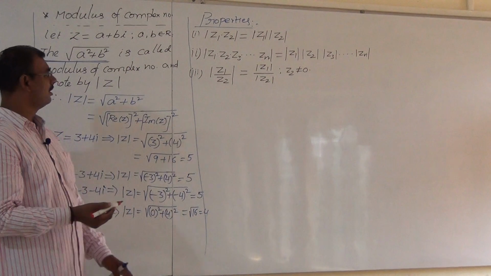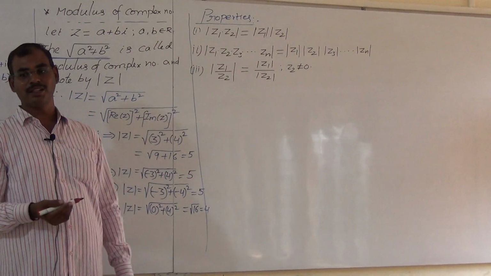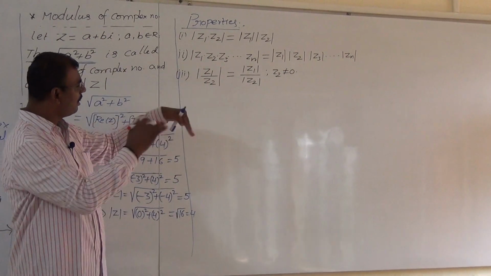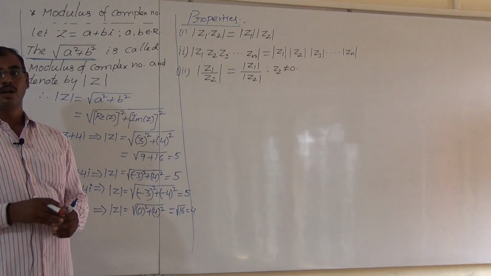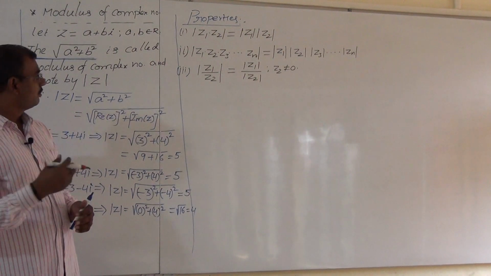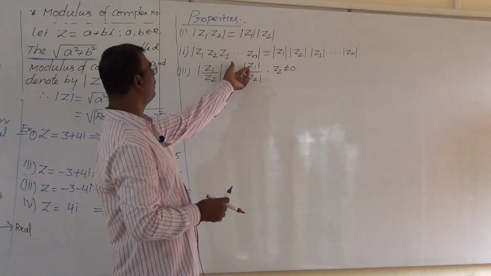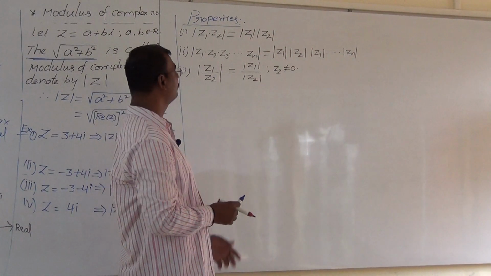Generally, how do we solve this? We find the value with the help of the division method, which we finished in the last class, and then apply the modulus. It takes a little time. To reduce this, using this property, mod of z1 separately divided by mod of z2, the answer will be the same.